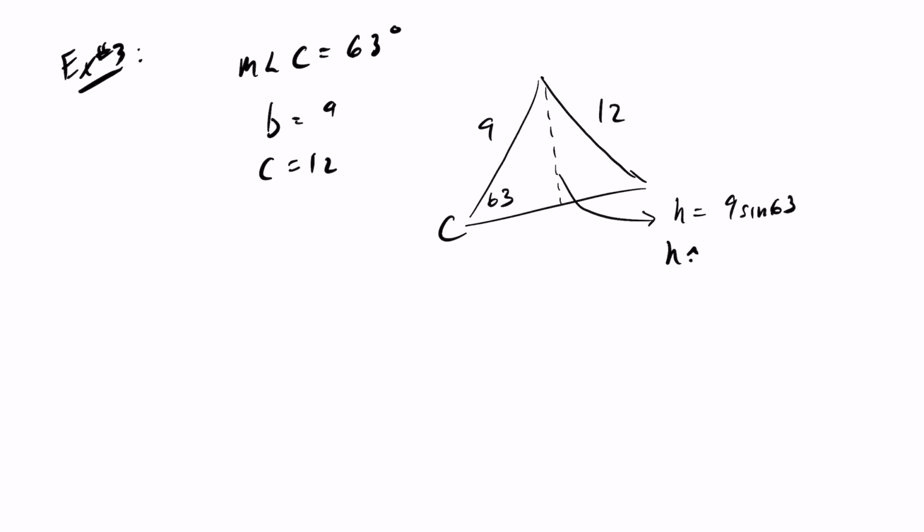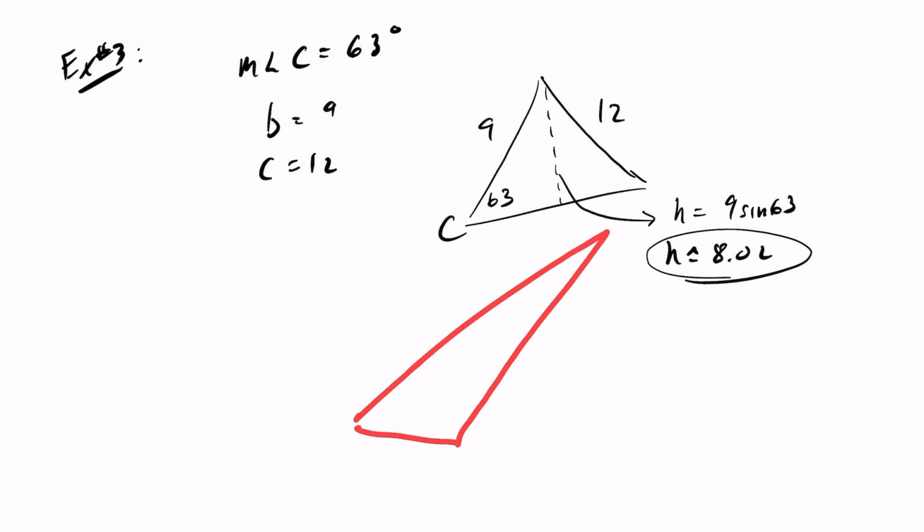And if I calculate 9 sine 63, I end up getting approximately 8.02. So it is possible that I could leave the 9 just as it is, the 63 just as it is, and then I could have something like this set up, but right away we have a problem here.